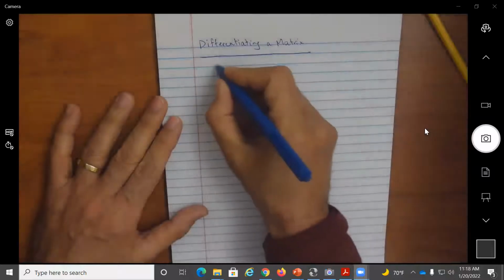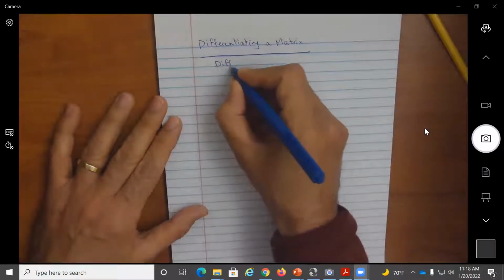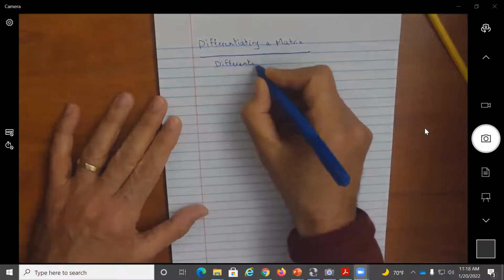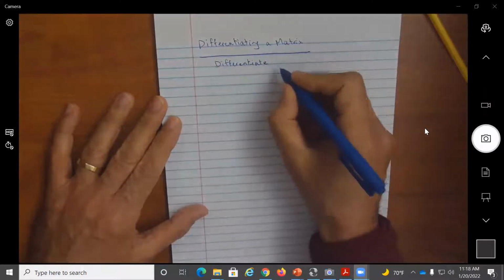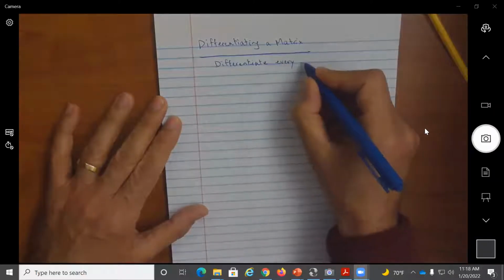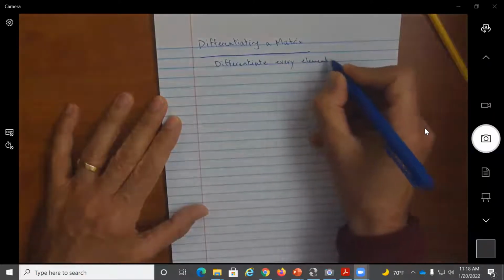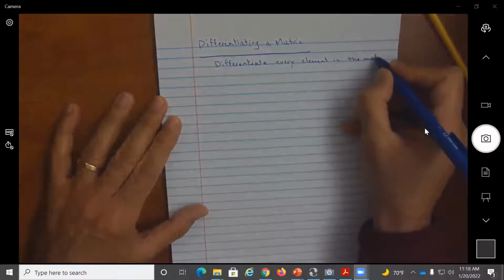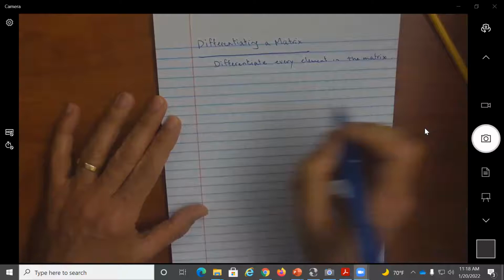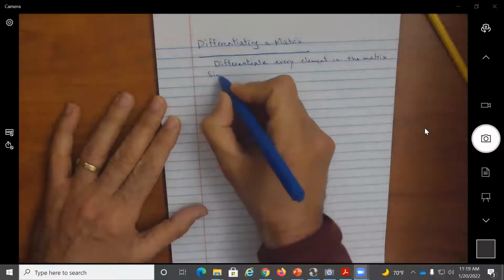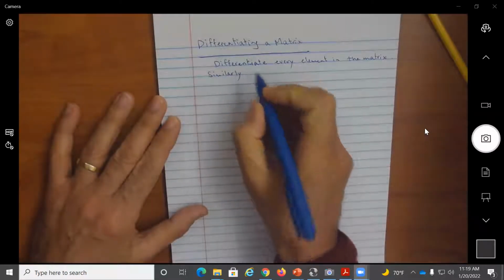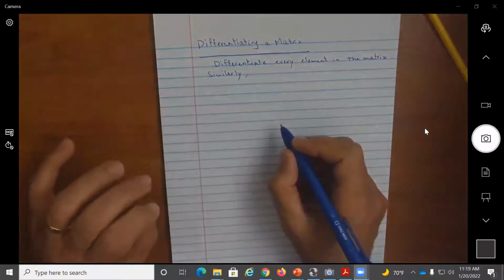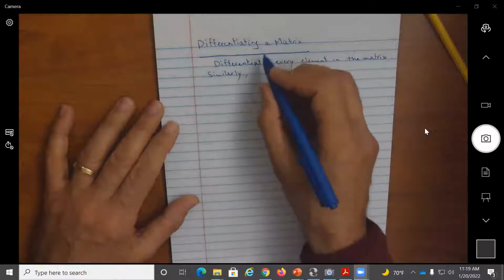When we differentiate a matrix, we simply differentiate every element in the matrix, and similarly we do the same with the partial derivative of a matrix.